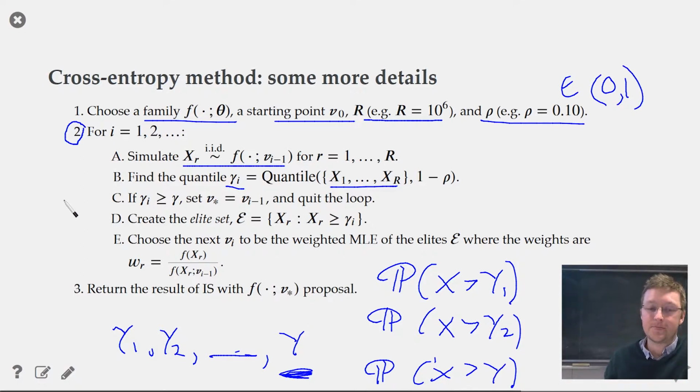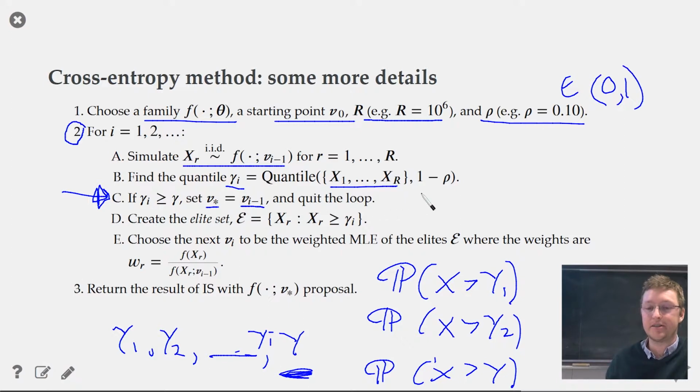So in step 2, you found your quantile. This is the point where you can quit the loop if you're finished. If you've realized that you're at some gamma i that's actually larger than the final value you care about, gamma, then you can quit your loop, and what you've come up with is going to serve you perfectly fine for importance sampling.